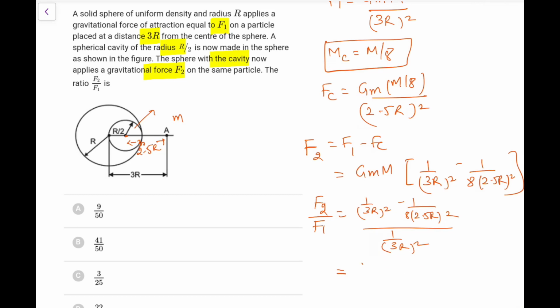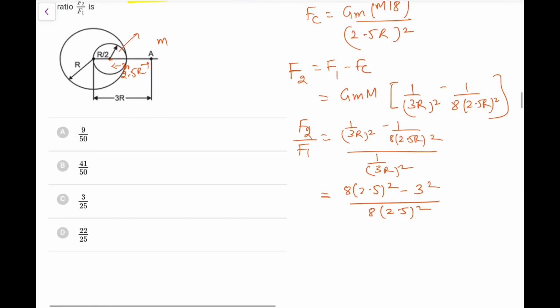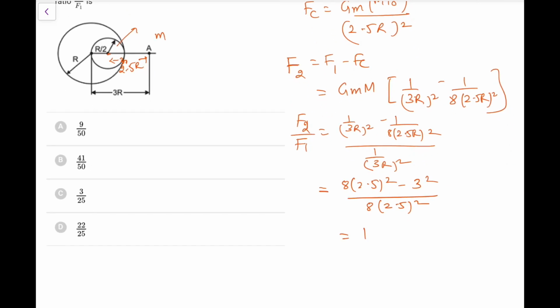We can simply write 8 into 2.5 whole square minus 3 square upon 8 into 2.5 whole square. So it is 1 minus 3 square, which is 9, upon 8 into 2.5 whole square, that is 25 by 4, so it is 50. So 1 minus 9 by 50 comes out as 41 by 50. As per the available options, this is B.